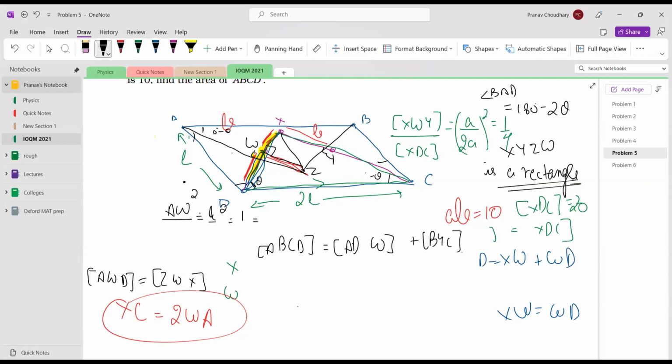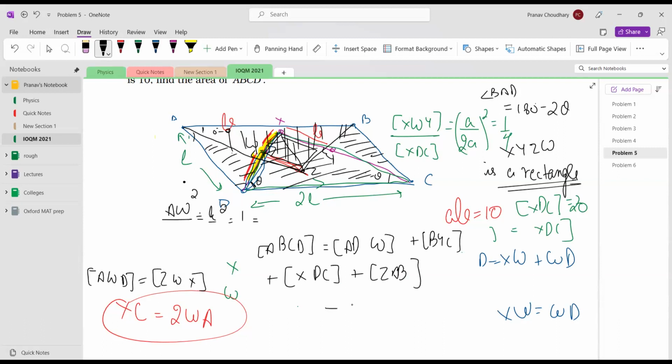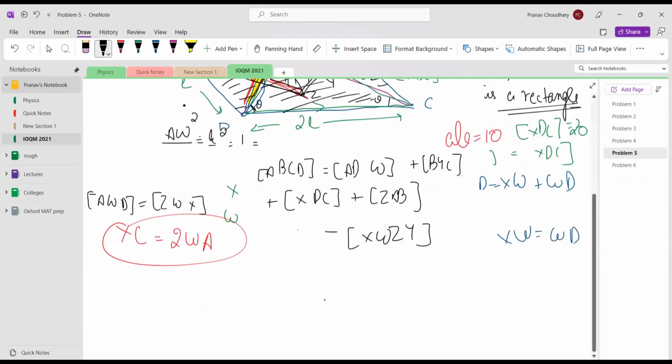Y, Z, W. So it's ADW, this area, plus BYC, plus this area, plus XDC, this whole area, plus ZAB, this area. And do you see that this rectangle is counted twice? So we subtract it once. So minus XWZY.